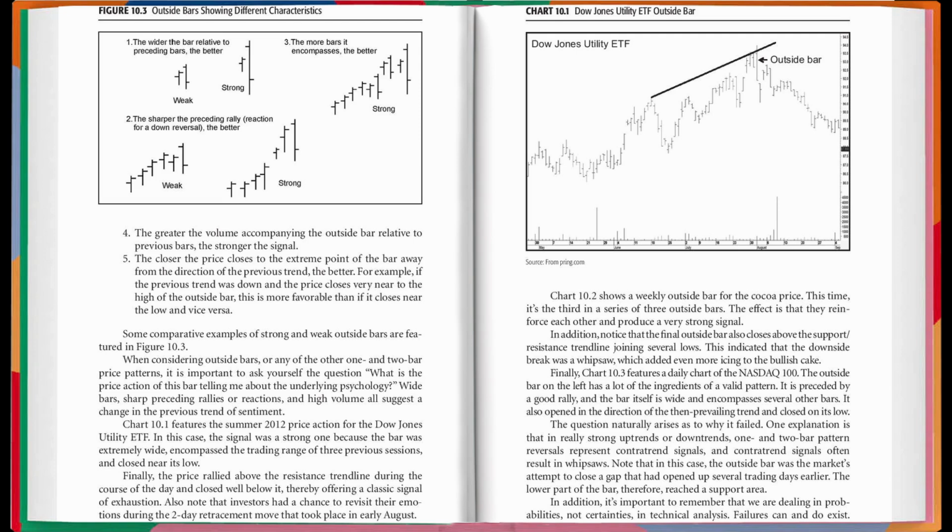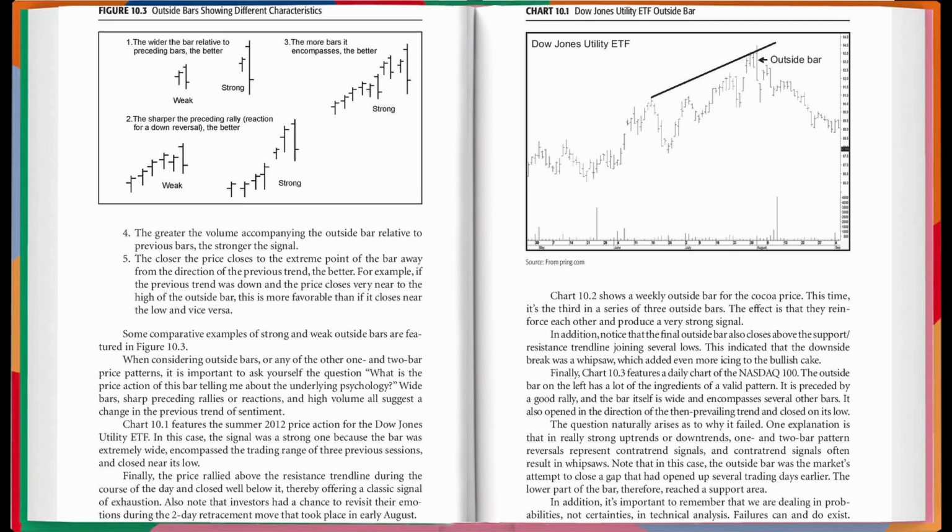The closer the price closes to the extreme point of the bar away from the direction of the previous trend, the better. For example, if the previous trend was down and the price closes very near to the high of the outside bar, this is more favorable than if it closes near the low and vice versa. Some comparative examples of strong and weak outside bars are featured in Figure 10.3.